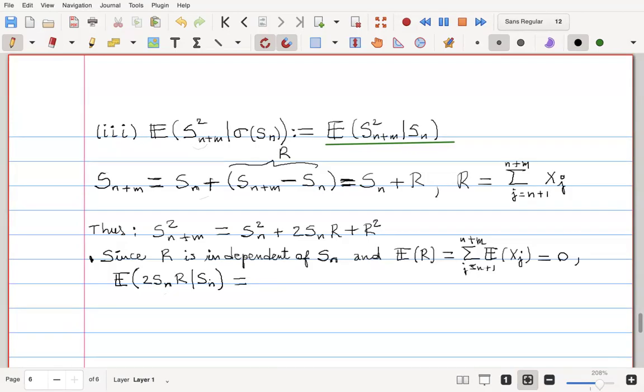This is known because it is sigma Sn. Sn will be known, right? So this will be 2 Sn and then the conditional expectation of r given Sn, but from what we stated here, r is independent of Sn, therefore this conditional expectation is just the expectation of r, right? And that is 0. So this will be 2 Sn times the expectation of r, which is 0, so this is 0.